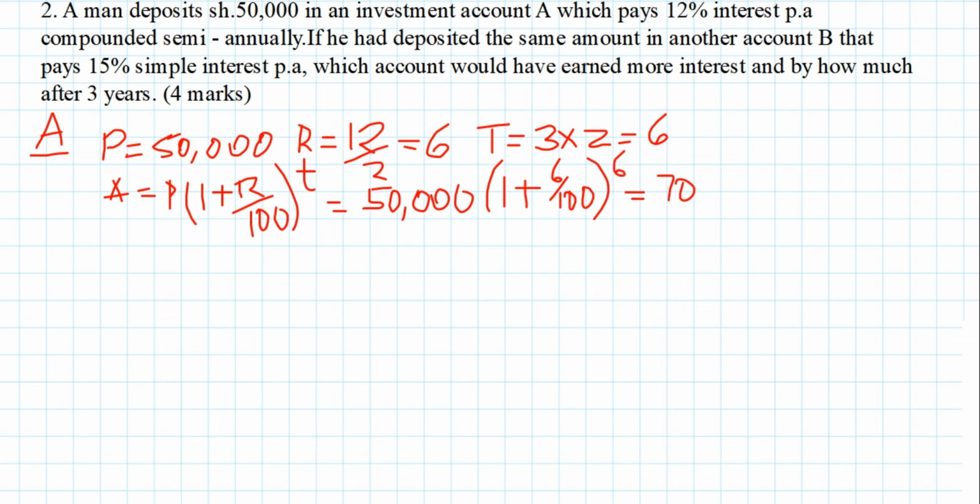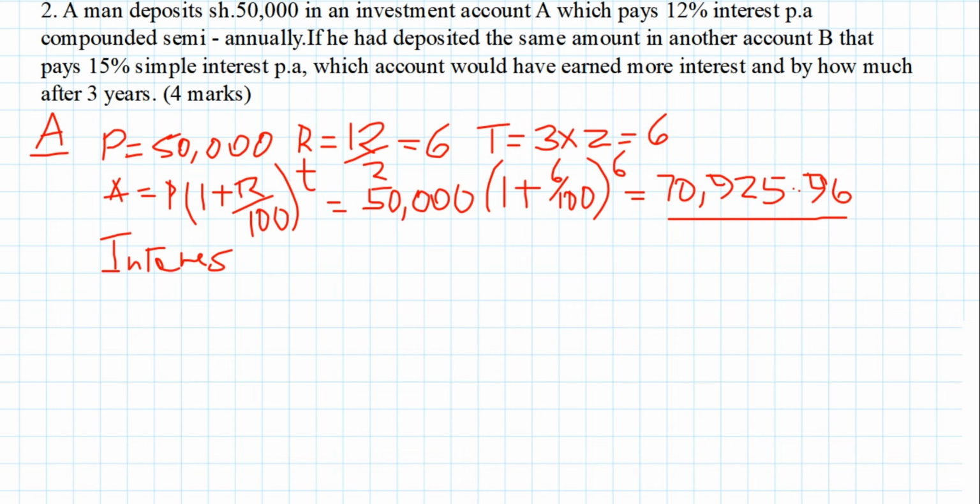And when we work out that, we obtain 70,925.96. So in that case, this is going to be the total amount in account A after the 3 years.